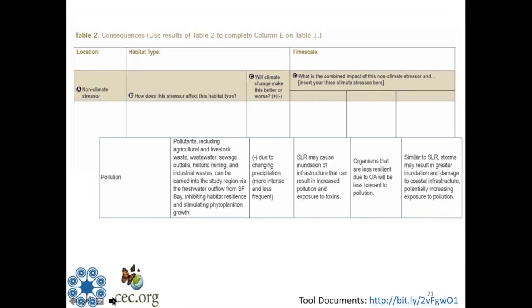Tables 2 and 3 feed back into table 1 in different places. So table 2, again, looking at a habitat type and a time scale, lets you look at the non-climate type stresses. Table 1 incorporates the climate stresses, table 2 incorporates the non-climate stresses, and table 2 also gives you a chance to consider how climate may affect those non-climate stresses. So it is kind of iterative, and climate runs throughout.